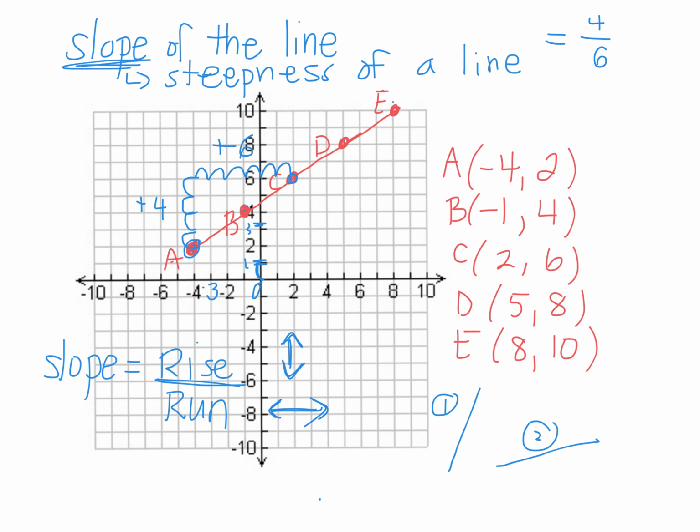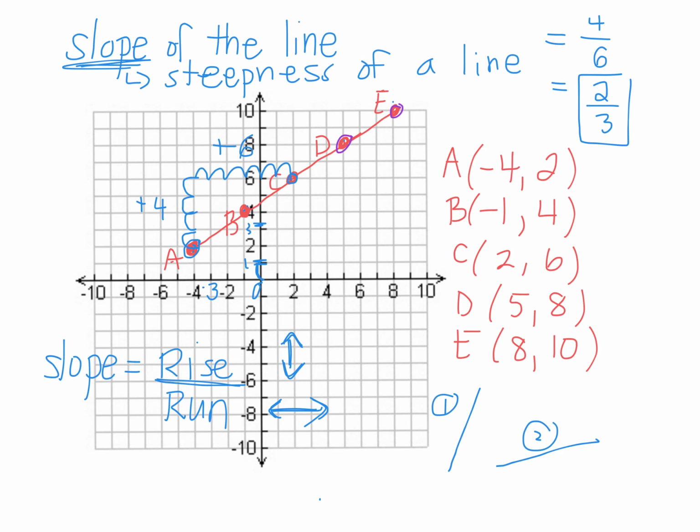That's the slope. What is that in reduced form, lowest terms? What's 4 over 6 equal to? Lowest terms? 2 over 3. Good. So the slope is 2 over 3. It has a rise of 2 and a run of 3. If I were to pick point D to E, once again, I'm going to count the rise.